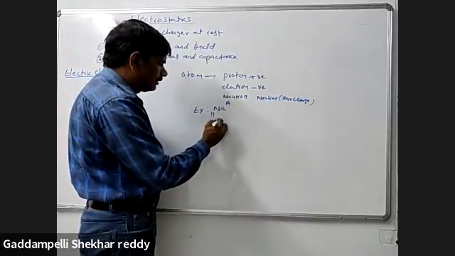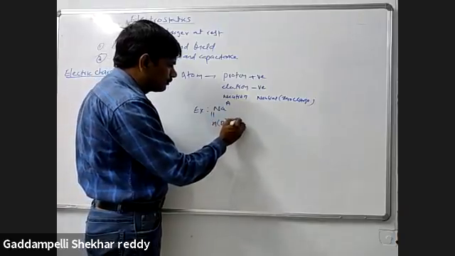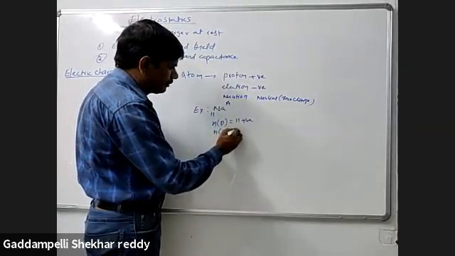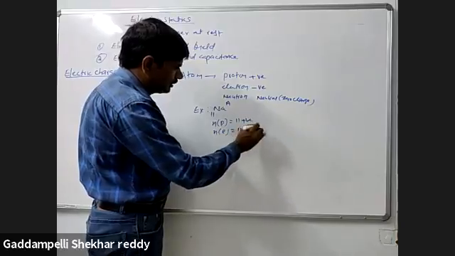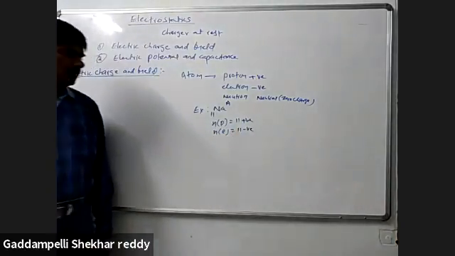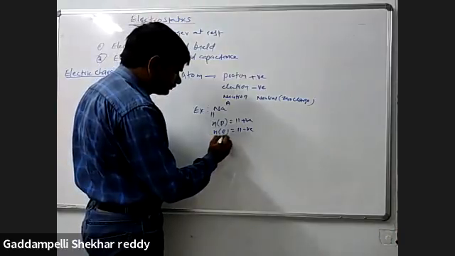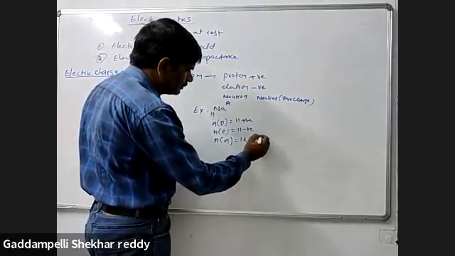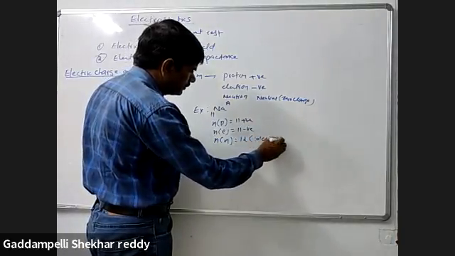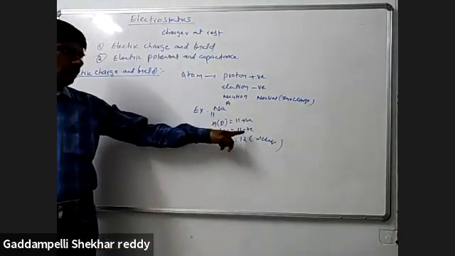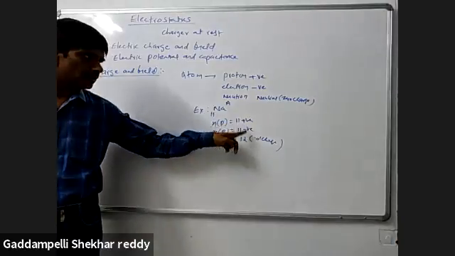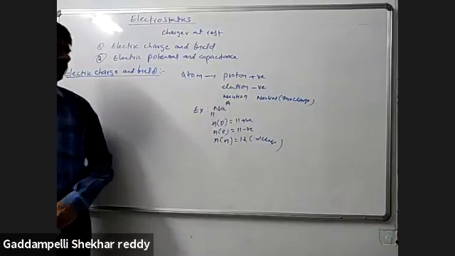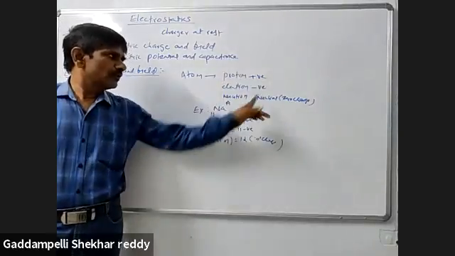The number of protons is 11, positive in nature. The number of electrons is 11, negative in nature. The number of neutrons is 12, which means zero charge. So the net charge is zero, and each neutral atom is electrically neutral.